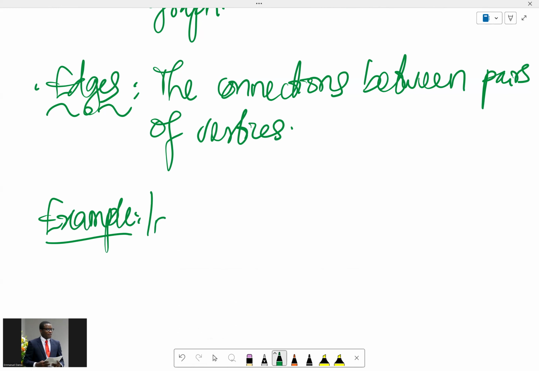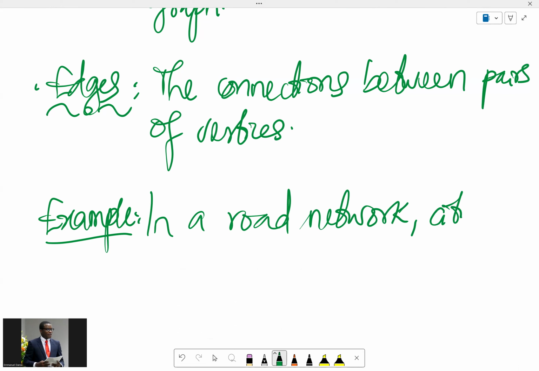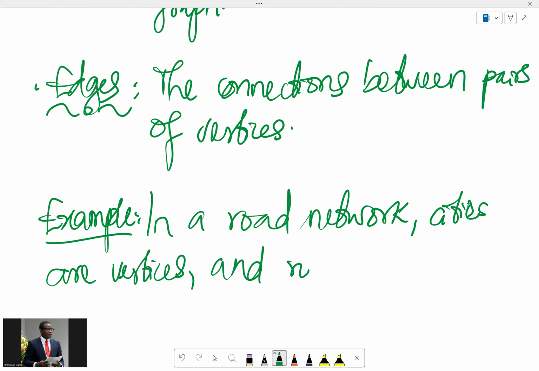In a road network, cities are vertices, and roads are edges, because those roads connect the cities.